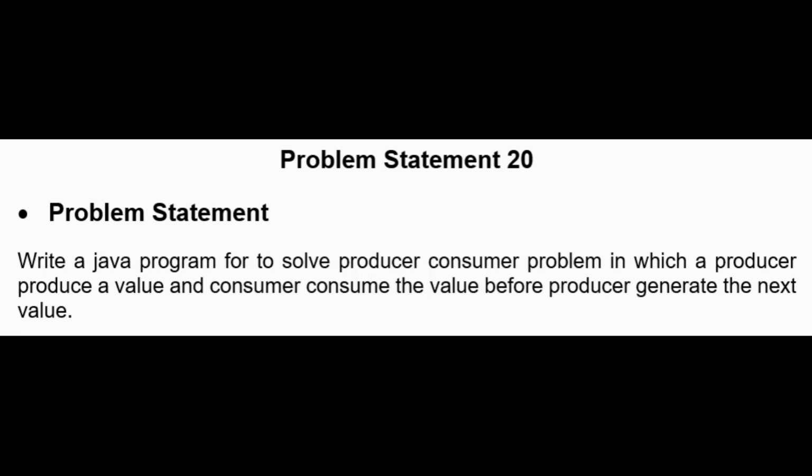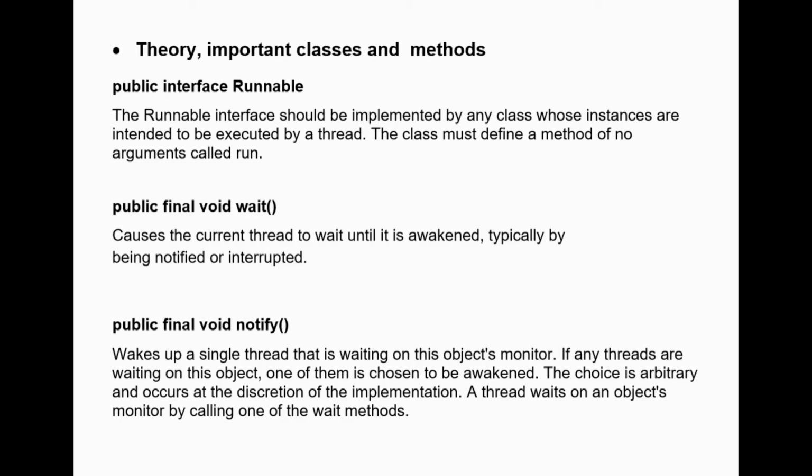Now we are going to look at the theory section of this experiment. So here it is. Public interface Runnable. The Runnable interface should be implemented by any class whose instances are intended to be executed by a thread. The class must define a method of no arguments called run. Now, public final void wait causes the current thread to wait until it is awakened, typically by being notified or interrupted.